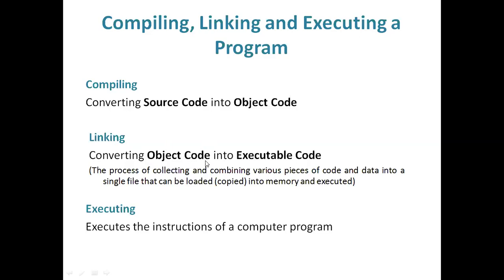It converts the object code into the executable code for us. The last step is executing, which means the instructions we have given to the computer can now be acted upon. So these are all the different operations that we have to perform while writing a C language program.